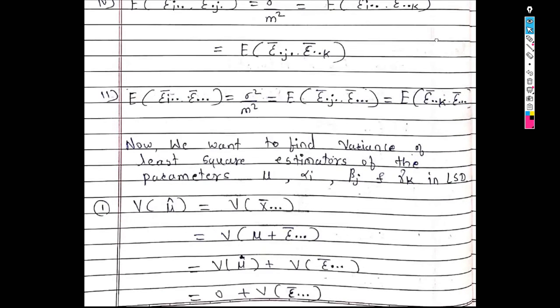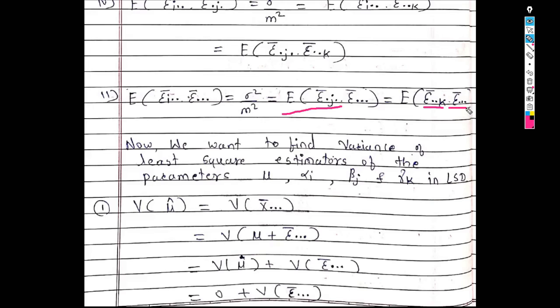Then the next expectation is the expected value of epsilon i dot dot bar into epsilon dot dot dot bar, which is sigma square upon m square. Similarly, the expected value of epsilon dot j dot bar into epsilon dot dot dot bar, and the expected value of epsilon dot dot k bar into epsilon dot dot dot bar, is also sigma square upon m square.